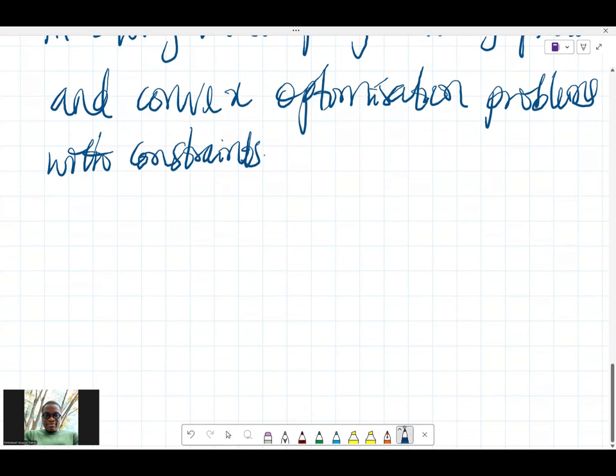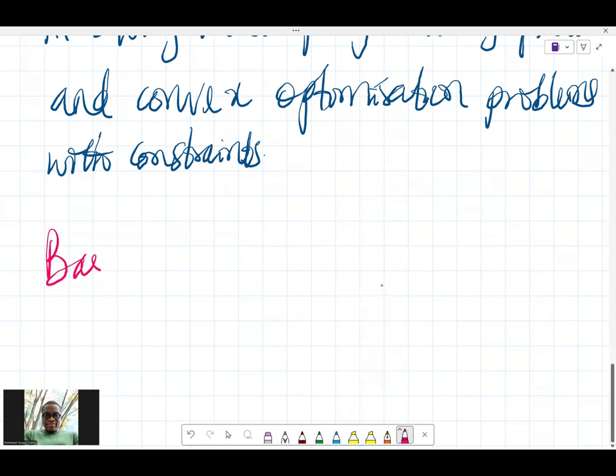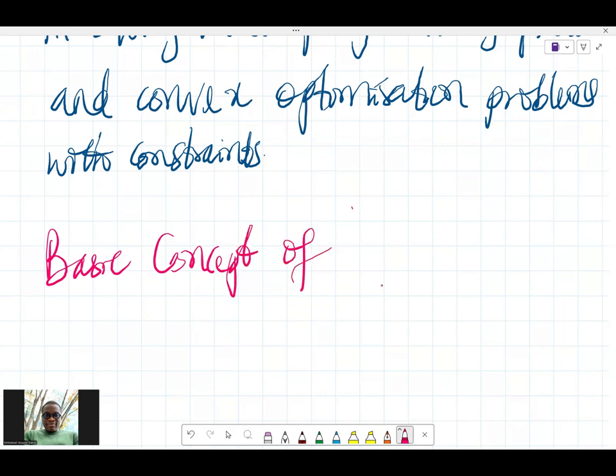Now we can then talk about basic concepts of interior point methods.